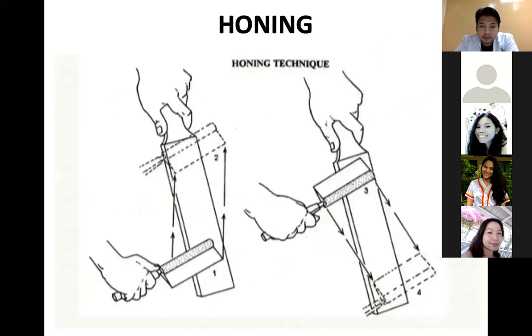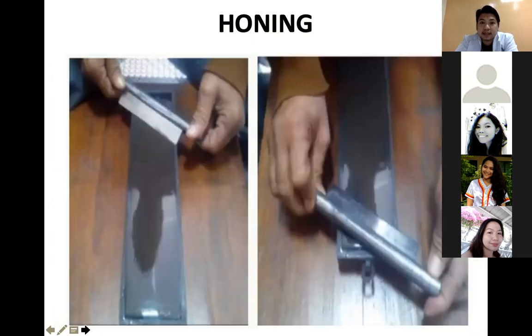Ayan. It's like honing our knives sa bahay. Okay? It's just that we use special types of hones for these types of knives. Okay? Heel to toe. Mauuna sa handle and then going to the edge of the knife. Okay? So usually 10 to 20 strokes. Next, ito, honing. Ayan. Okay?